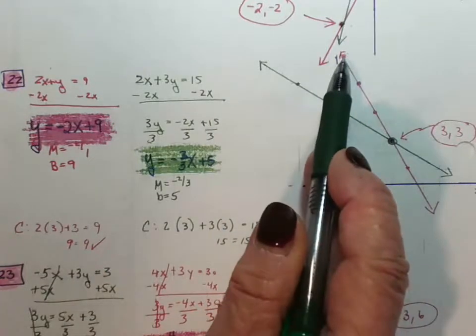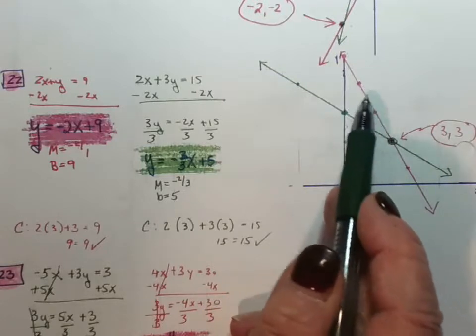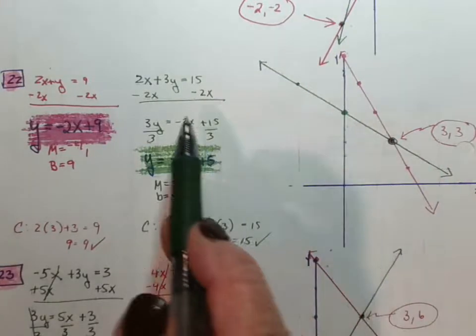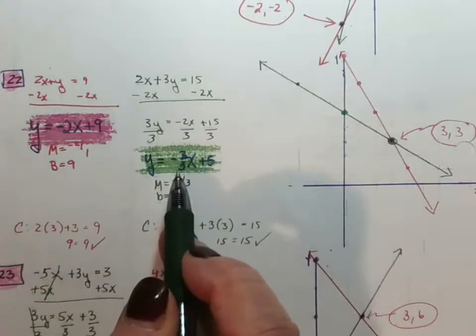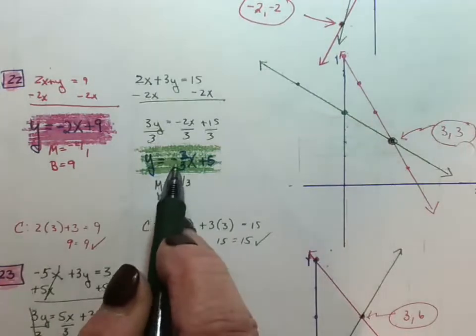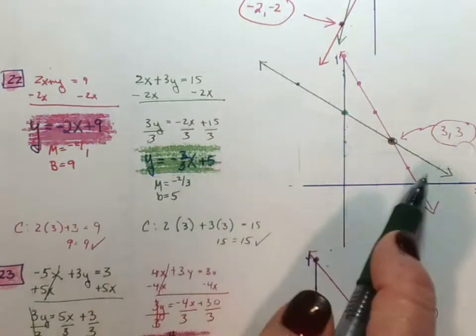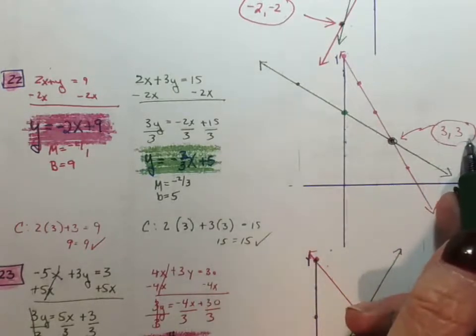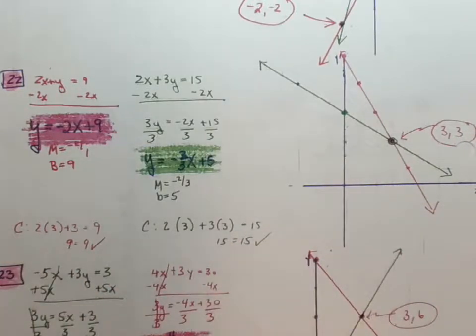The y-intercept's at 9. Slope down 2, back 1, down 2, back 1. Then you graph the other line. The equation of this line is y equals negative 2/3 x plus 5. Graph that line. Your solution is 3, 3. And then you check both solutions.